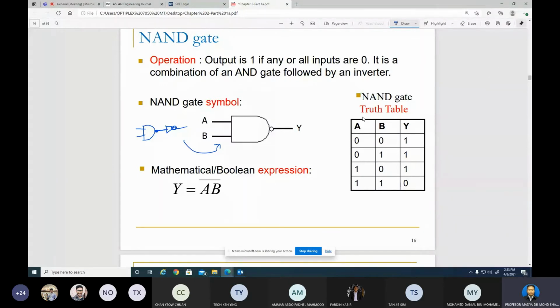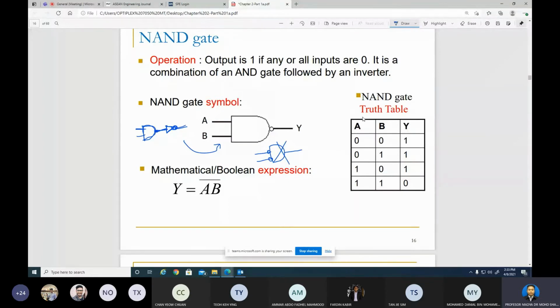But if you draw it like this, for example, and you put the bubble here, this is wrong. It should be like this. First you go for the AND gate, then you have the inverter. That is correct for the NAND gate.